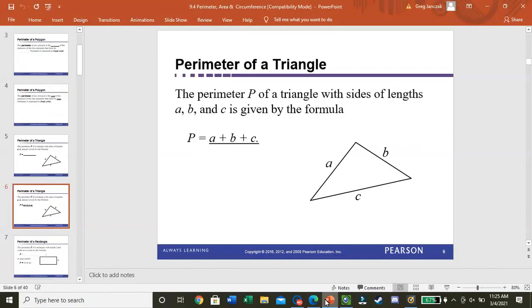So the perimeter of this triangle, you're just adding up all the sides. Here I have a triangle.